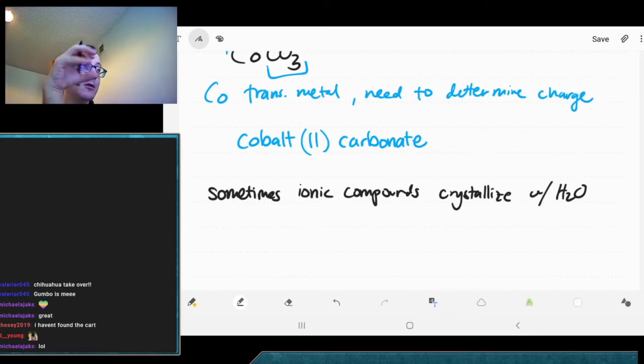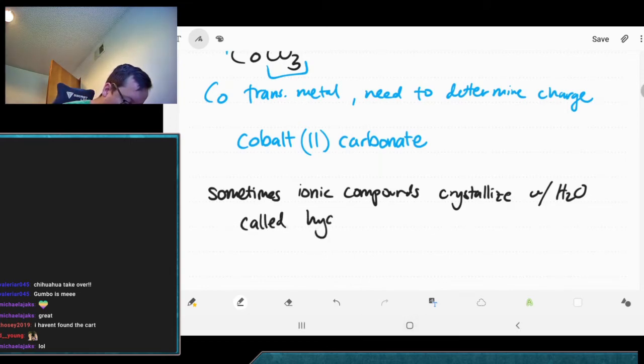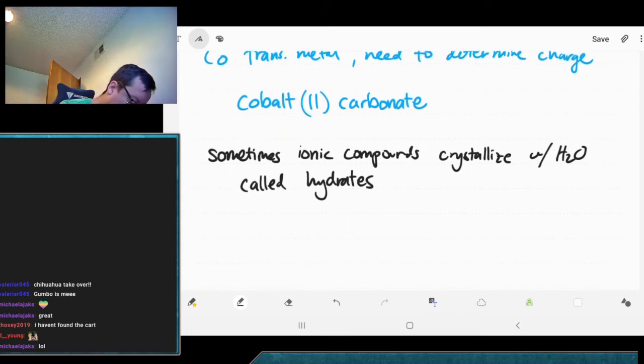Sometimes water molecules get trapped in there, and they are kind of fixed in there. And so sometimes they include them, and those are called hydrates. And they can kind of affect the color of things, and they're part of the compound. So, for example, you might see one that looks like this.